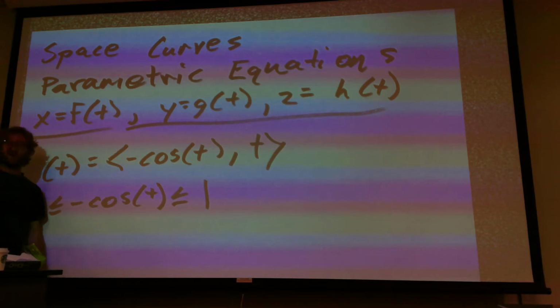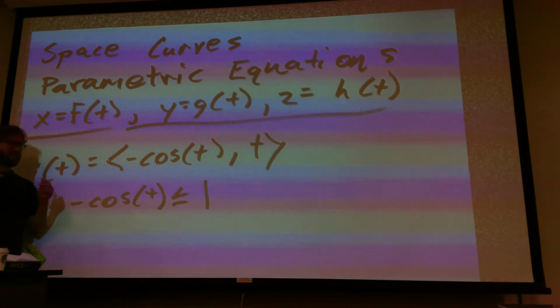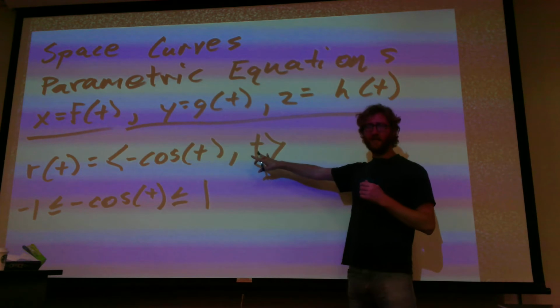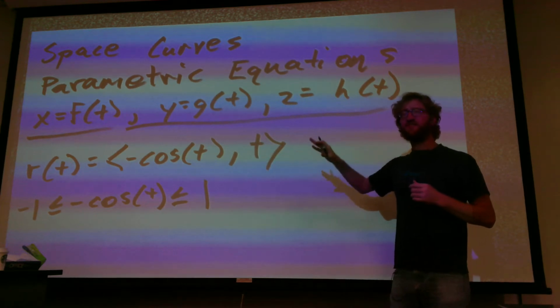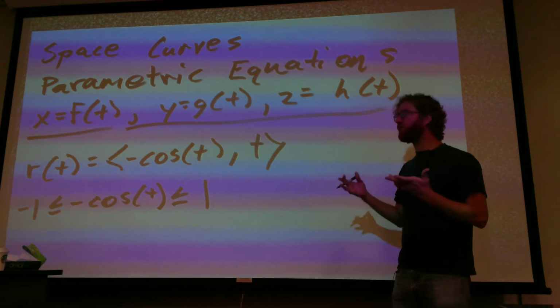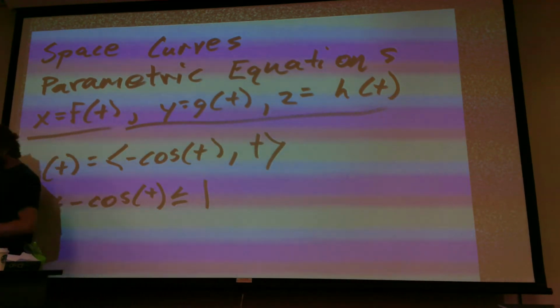No matter what, it's a wave, that's what it is, okay? So, whenever you're doing a problem like this, what you want to do is think that the y variable is your t. So we're going to start sampling t points and see if we can't figure out what this thing actually looks like. All right?